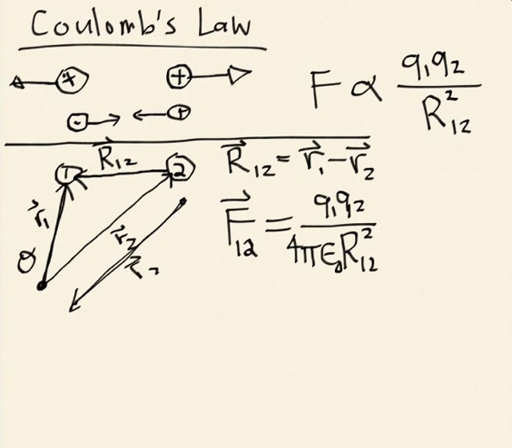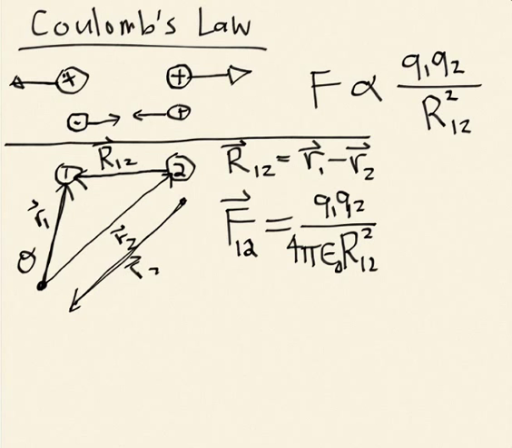You've often, I'm sure, seen it written as k Q1 Q2 over r squared. We will not do that here. k is the same as 1 over 4 pi epsilon naught. But now that you're out of high school, we don't use that anymore. We use 4 pi epsilon naught, and we'll see why later on, because epsilon naught will show up in other contexts.